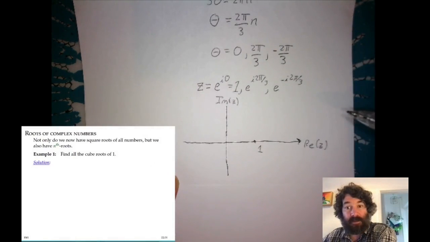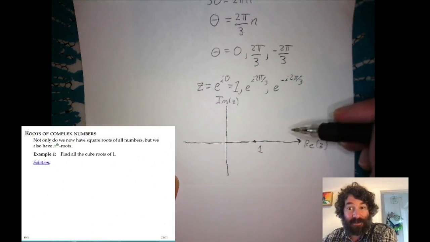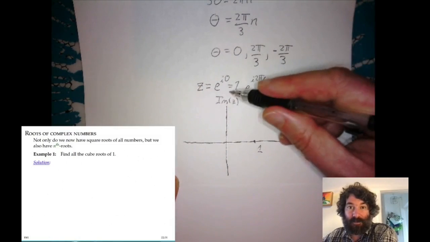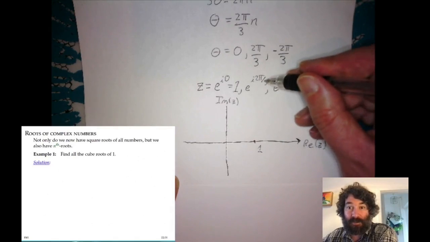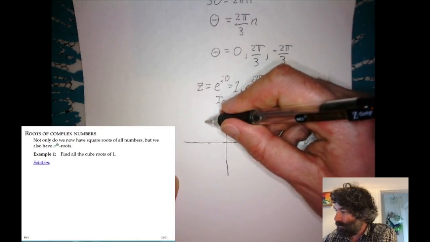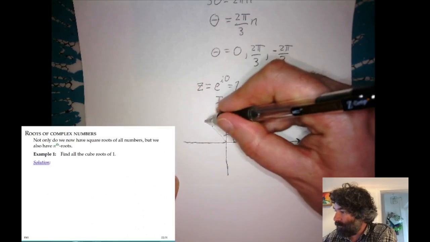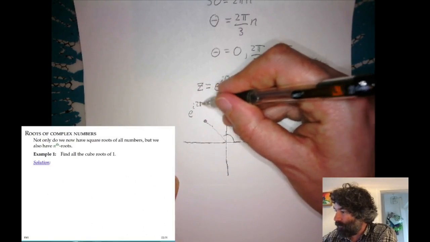All three of these numbers are on what we call the unit circle, so they all have distance 1 from the origin. They all have modulus 1. So the first one here is 1. The second one has argument 2 pi over 3, so we would have an angle 2 pi over 3 here. So this is about where e to the i 2 pi over 3 would be.